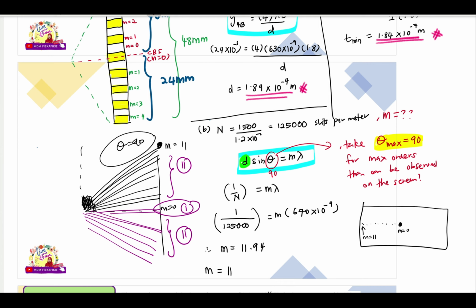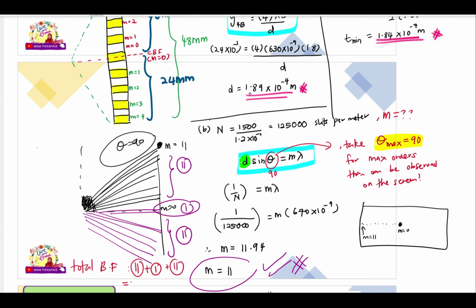So the total bright fringes that you can observe on the screen, jawapannya bukanlah 11. Tapi untuk soalan ni, inilah jawapannya 11. Kalau soalan tu ubah, so maknanya the total bright fringes that you can observe on the screen, dia akan jadi 11 tambah 1 yang kat tengah kan, tambah lagi yang kat bawah.